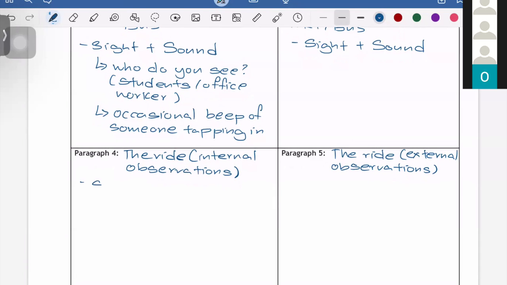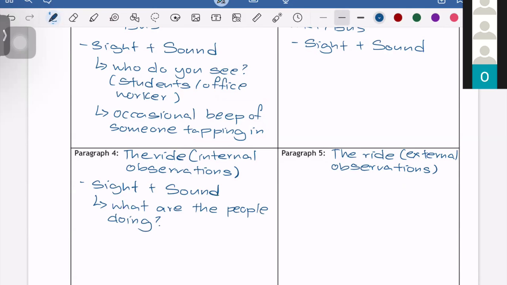Same thing, focus on your sight and the sound. So internal observation: what are the people doing while they are getting to their destination? What do you observe other passengers do?